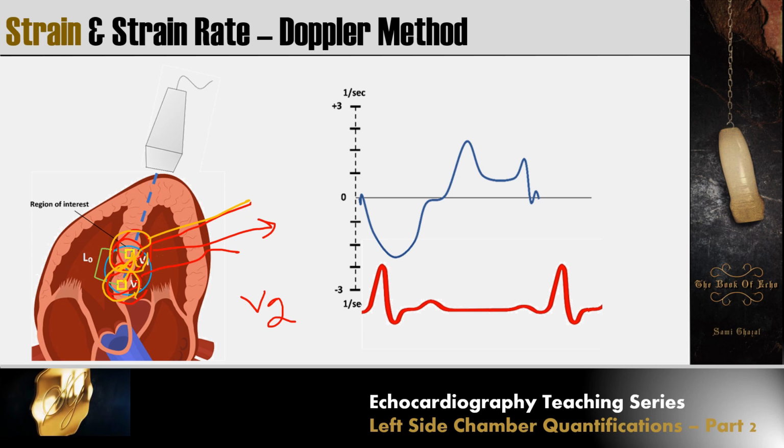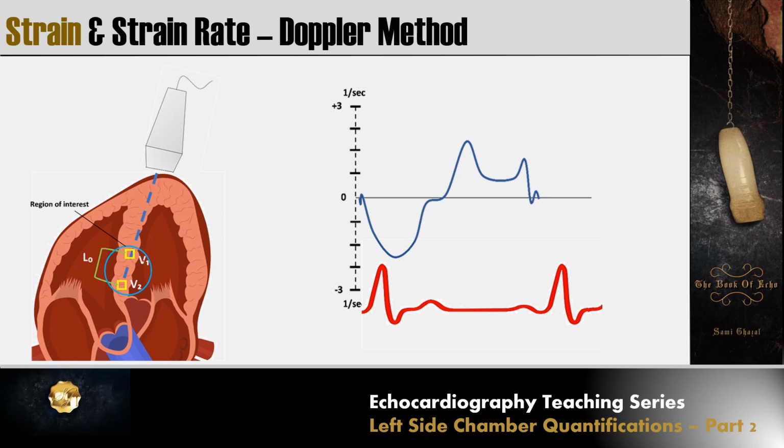It will pull it. The segment here will have a velocity, and this segment, because it's tethered to this segment, will have exactly the same velocity. So let's assume the velocity here is 10. It will pull this segment at the same velocity, 10.